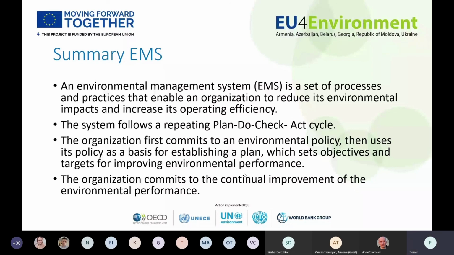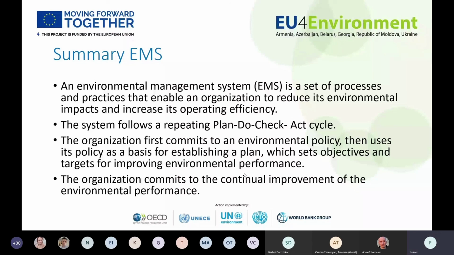At first, we have to understand our environmental impacts. Then we establish procedures accordingly. This set of manual, procedures, instructions. We check the efficiency and effectiveness of these procedures in the audit cycle, and then we improve, we act accordingly.